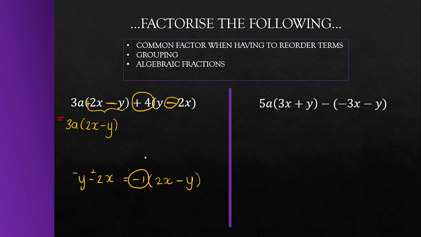Now we're going to multiply it by the -1, so it becomes a -4(2x minus y). So all I've done is apply a sign change. Now my brackets are exactly the same and I can group. So (2x minus y), that variable bracket, and then (3a minus 4).